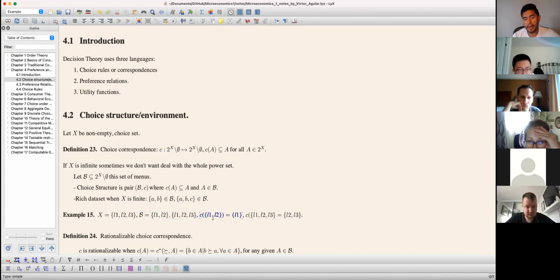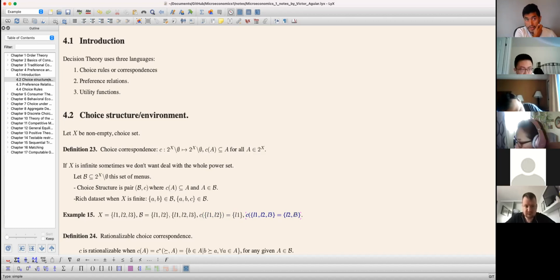So C applied to {L1, L2}, which is menu 1, I am creating this data, it comes from my mind, is equal to {L1}. So this individual decision maker, when given menu L1 and L2, lottery 1 and lottery 2, chooses L1. This is data I observed from an experiment. And then when given {L1, L2, L3}, the same consumer chooses {L2, L3}.